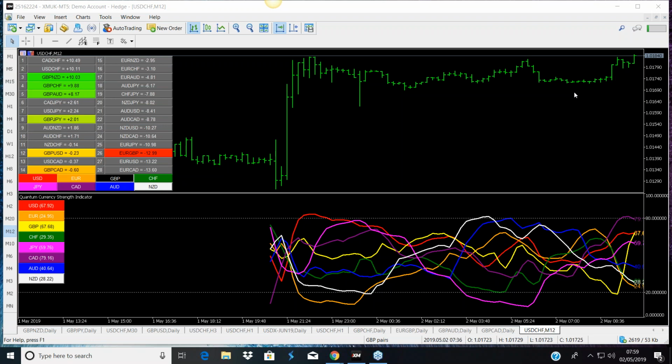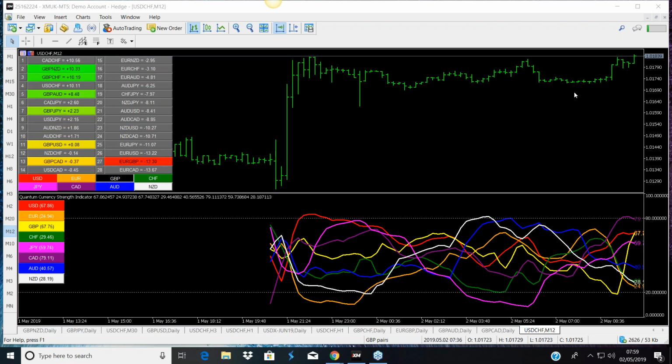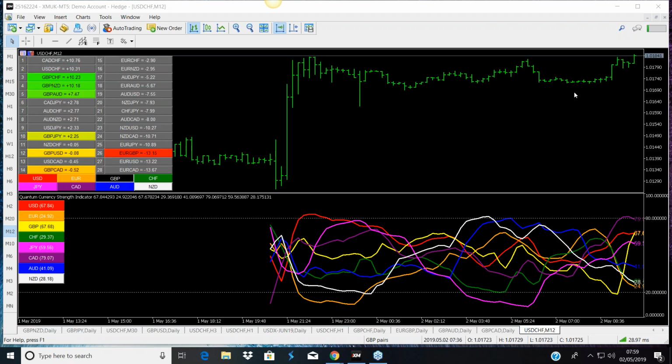If you're jumping in on a cross, for example, where one currency is rising strongly, it's crossed over into another which is falling equally strongly, then just ballpark 50% of that trend has already happened, so it's gone. You can't claw that back. So you're jumping in, you've only got maybe 50% left, and maybe even 30% by the time you get out, when the trend gets to the point of congestion at the top or the bottom of the indicator. So those are all the factors that you have to consider.